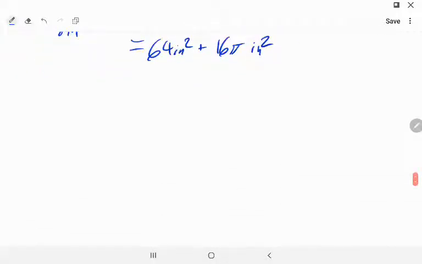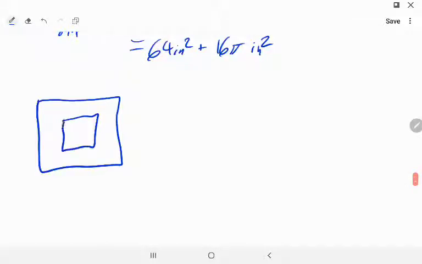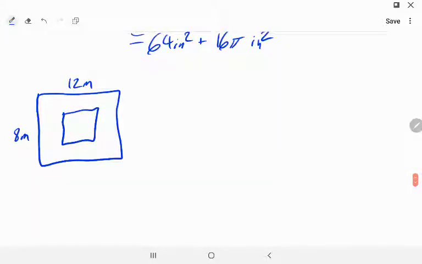If we had a rectangle with a rectangle cut out of it, so if we made that 12 meters by 8 meters, and then the internal unit might be 8 meters by 6 meters, we want the area of that shaded region.